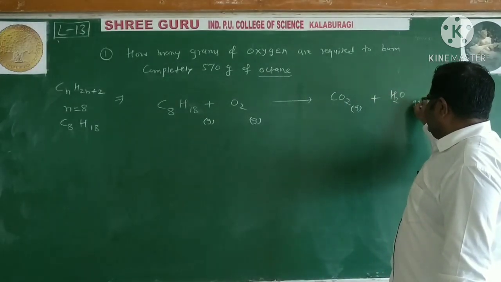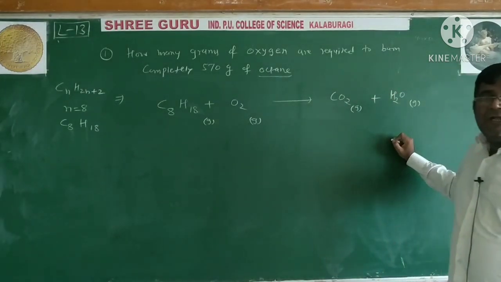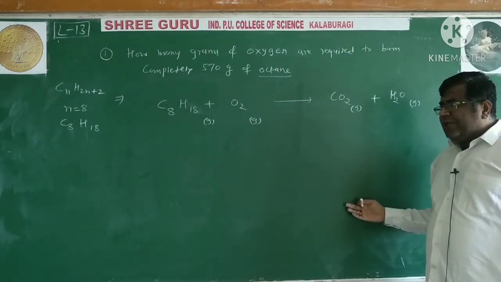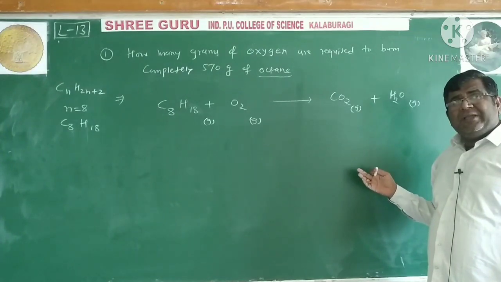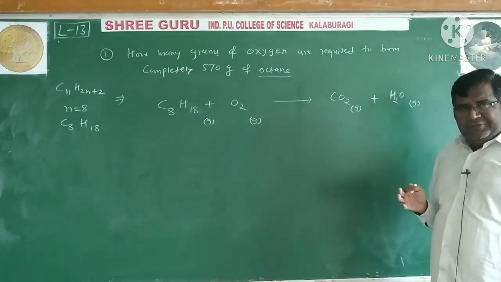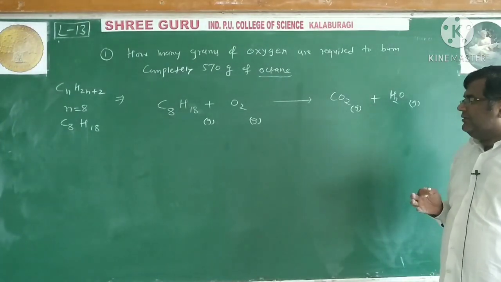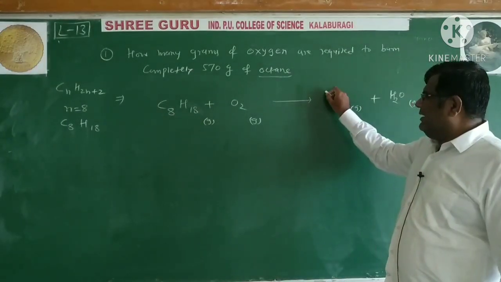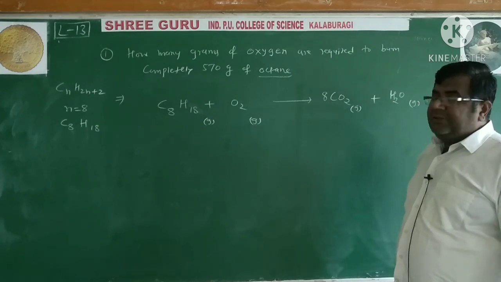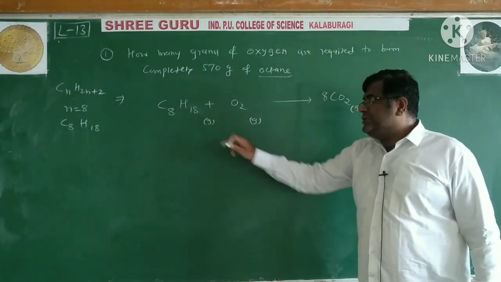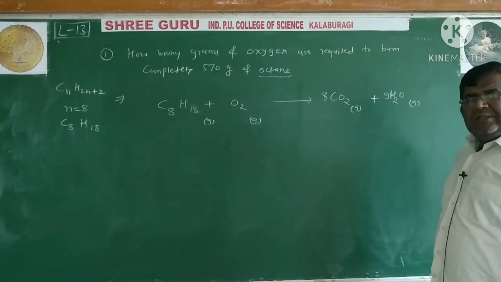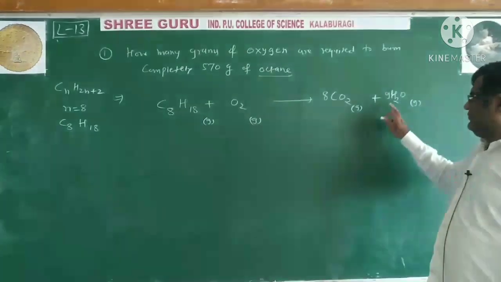This is the compulsory product formed when a hydrocarbon is burnt. We can go for calculation, but stoichiometric calculations are based on balanced chemical equations. So balance is required. There are 8 carbons, I will write here 8. There are 18 hydrogens, I will write here 9. The only thing left to balance is oxygen.